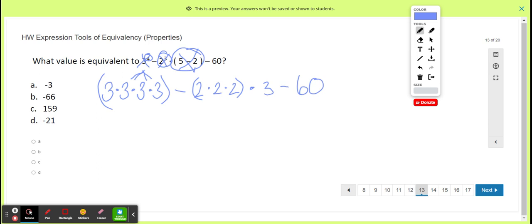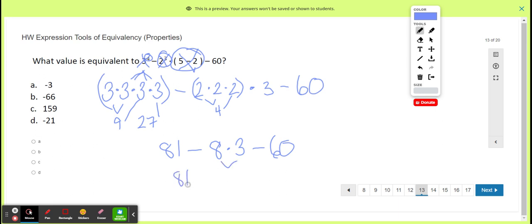Now let's go through and multiply. 3 times 3 is 9, times 3 is 27, times 3 is 81. 2 times 2 is 4, times 2 is 8, times 3, minus 60. So we're still on this step for multiplying and dividing.